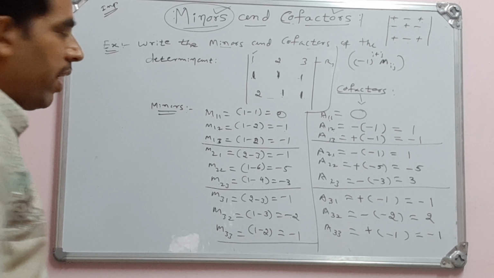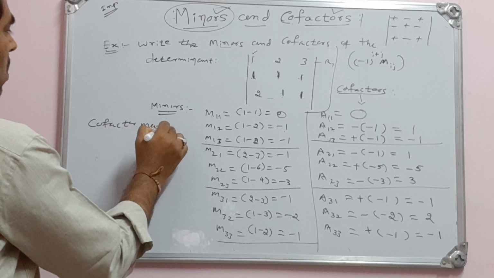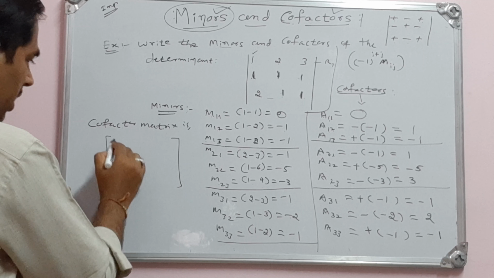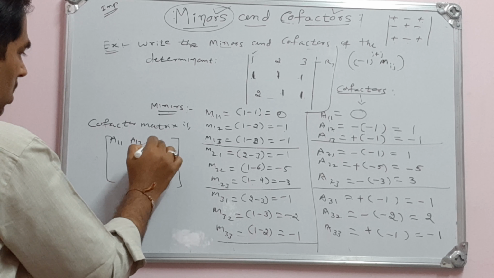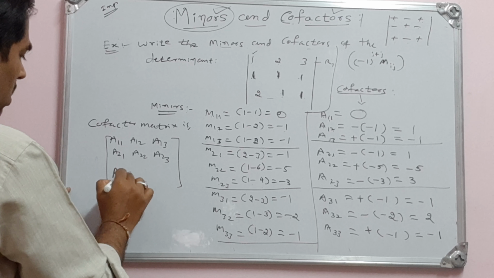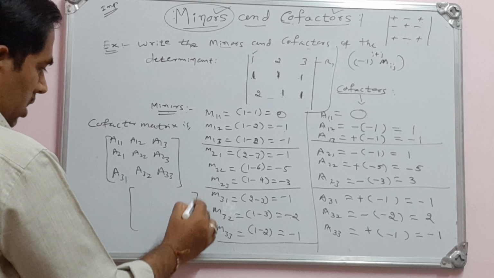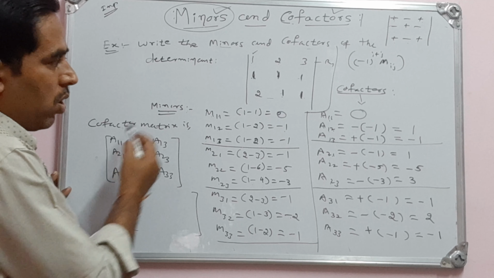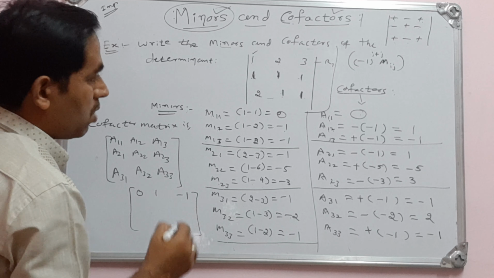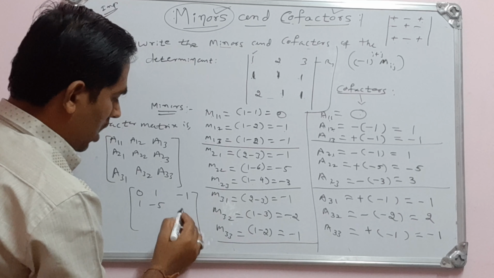So we got the cofactor matrix. The cofactor matrix is A11, A12, A13, A21, A22, A23, A31, A32, A33, and we replace the corresponding cofactors: 0, 1, minus 1, then 0, 1, minus 1, then 1, minus 5, A23 that is plus 3.